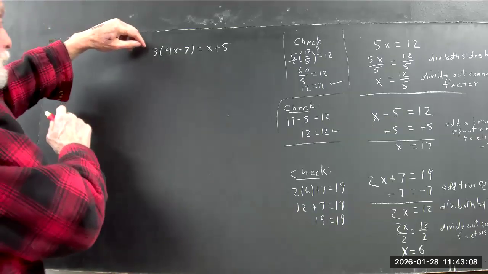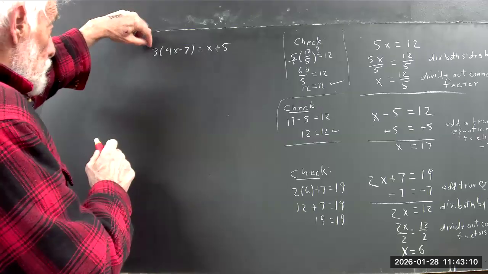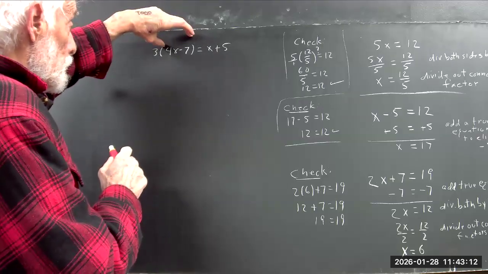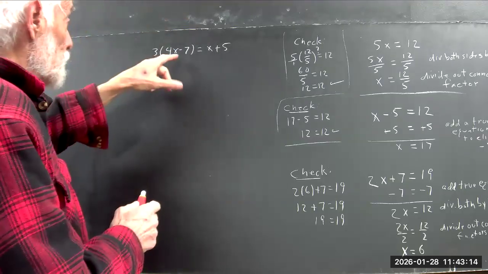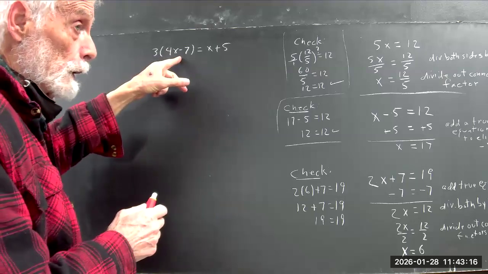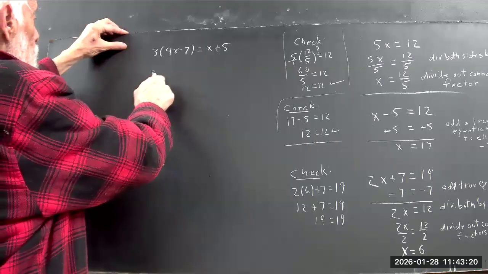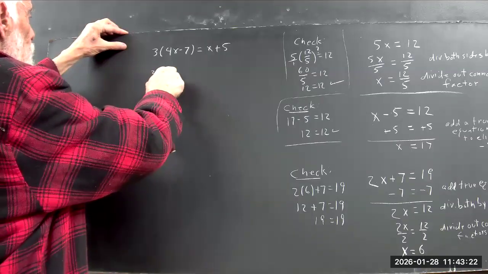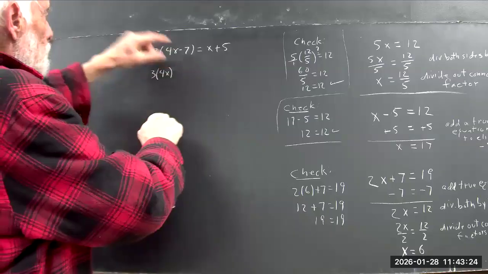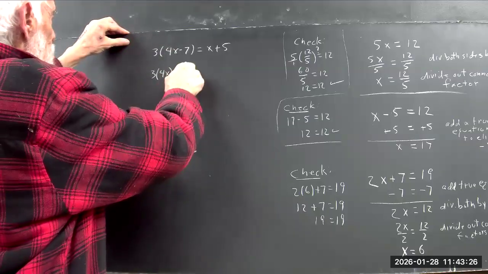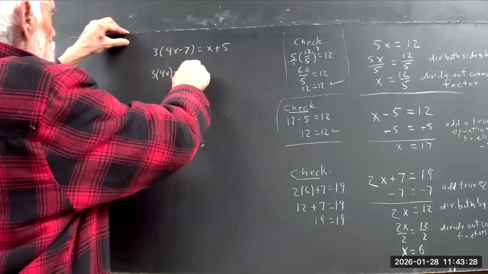Okay, so we're going to use the distributive law. That is, we're going to multiply 3 by every term in parentheses. What's a term? Something that's separated by a plus or a minus. Okay, so that means we're going to do 3 times the first term. And then we've got a minus here, so we kind of write that as a minus 3 times 7.